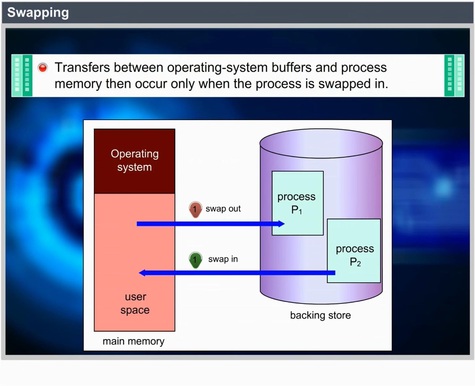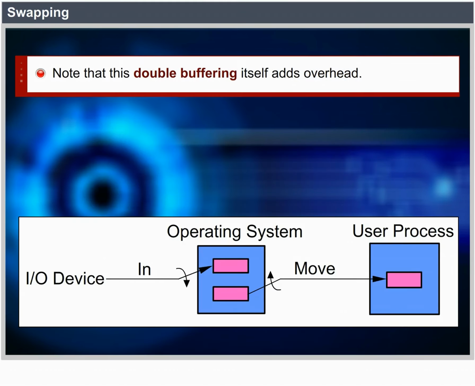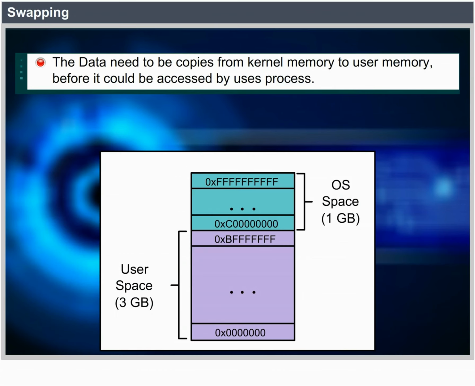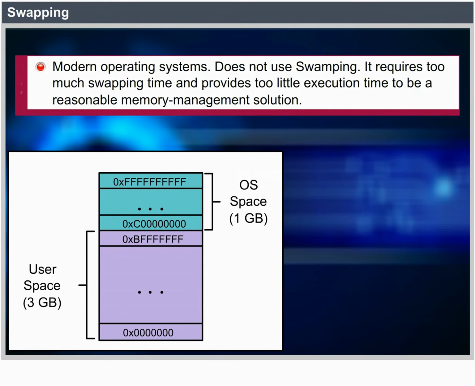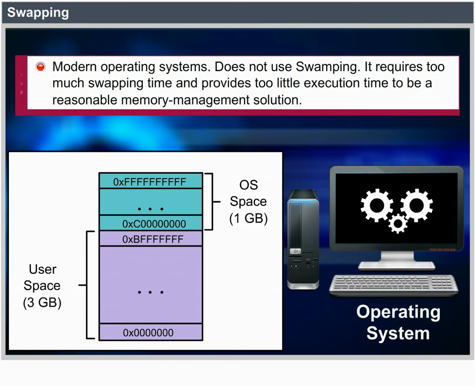Note that this double buffering itself adds overhead. We now need to copy the data again from kernel memory to user memory before the user process can access it. Standard swapping is not used in modern operating systems. It requires too much swapping time and provides too little execution time to be a reasonable memory management solution.